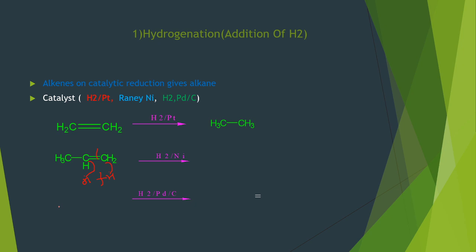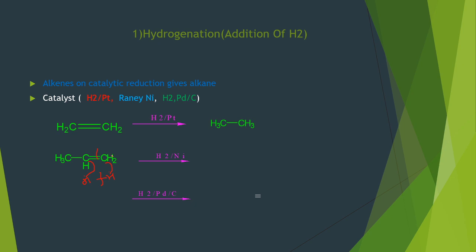So what is the product? See here, CH3 remains as it is. Now CH, we are breaking this double bond. Now there is a single bond. Now CH already has a hydrogen atom and it is taking one more hydrogen atom. Therefore CH will become CH2 with a single bond.